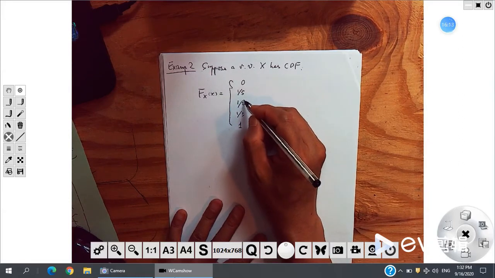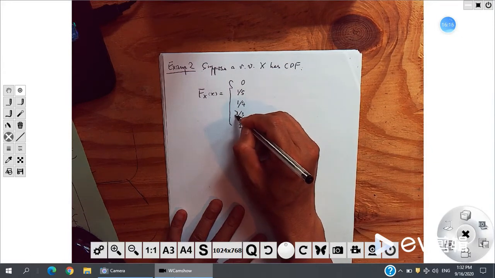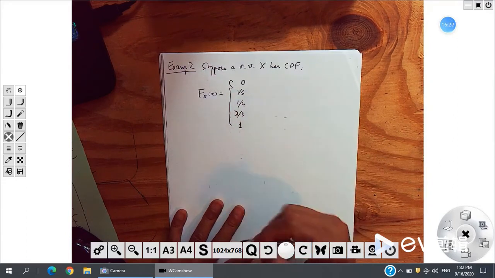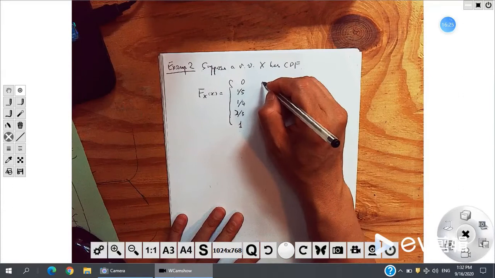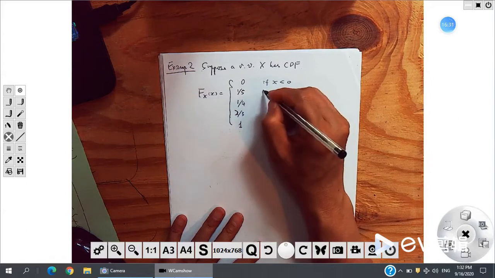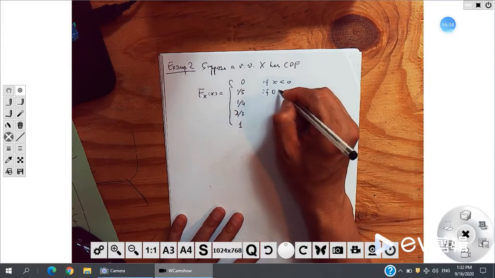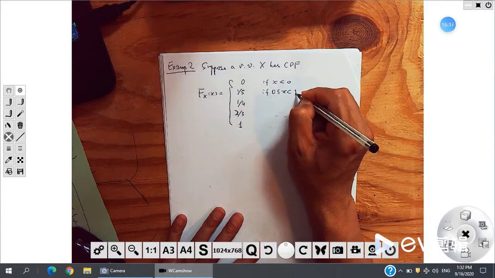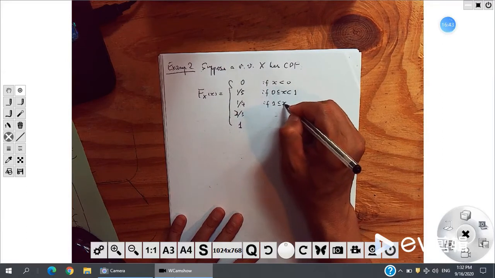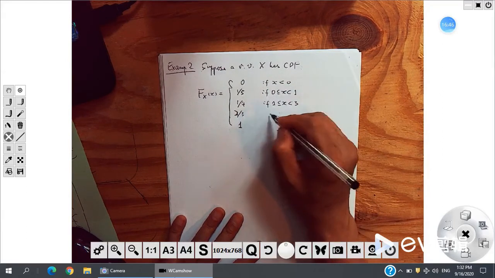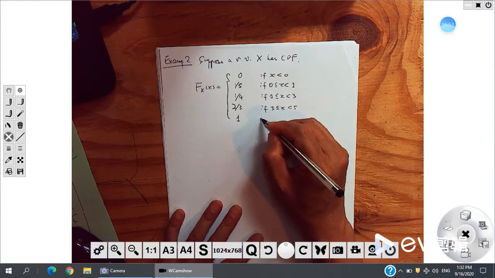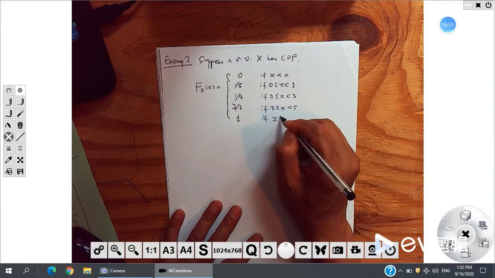Suppose this is F_X, and here, if x is smaller than 0, and this if x is a value between 0 and 1, and this is if x is between 1 and 3, and this one is if between 3 and 5, and here if x is larger than or equal to 5.